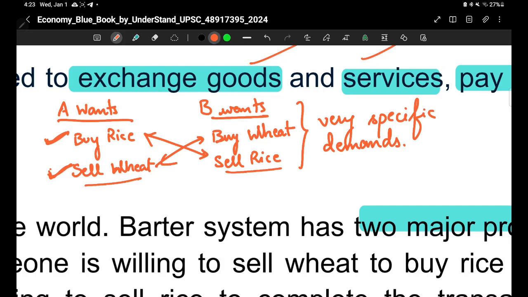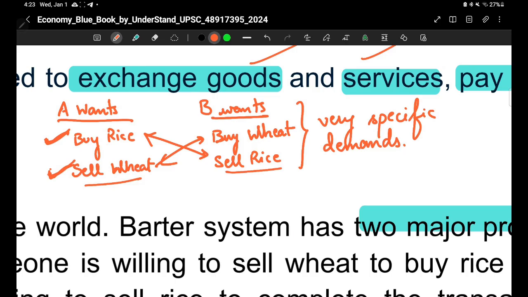Now A has to find someone who wants to buy this wheat. Here B wants to buy this wheat, and B wants to find someone who wants to buy the rice. So he finds A. So they both have double wants. He wants to buy rice and sell wheat, and this guy also has a double want, buy wheat and sell rice. So double wants are coinciding here.